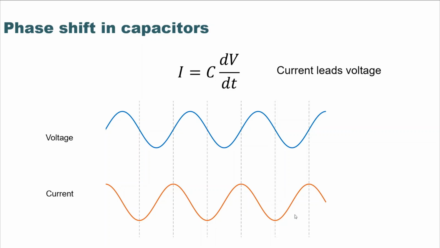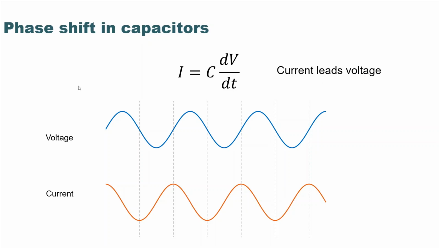phase shift. For capacitors, we see here the peak of the current is coming before the peak of the voltage. So for capacitors, the current is leading the voltage.